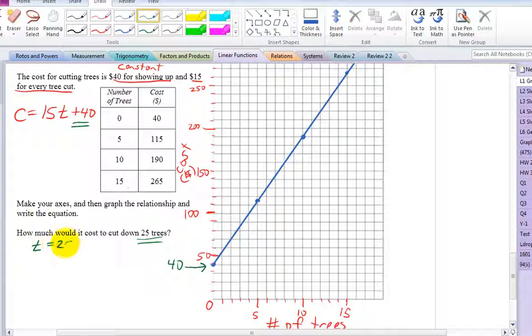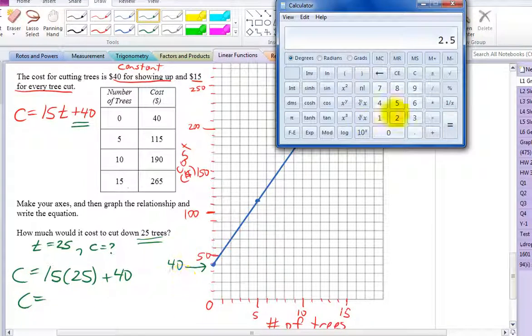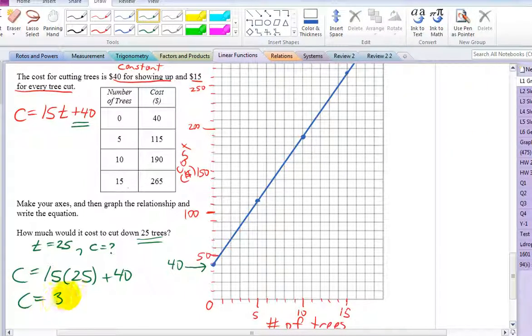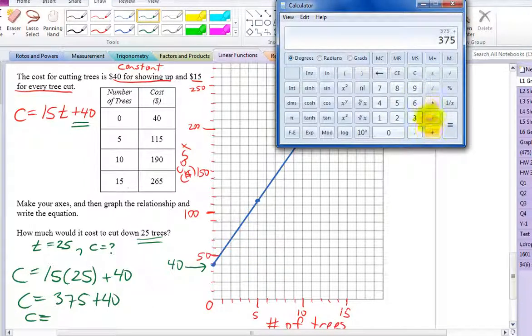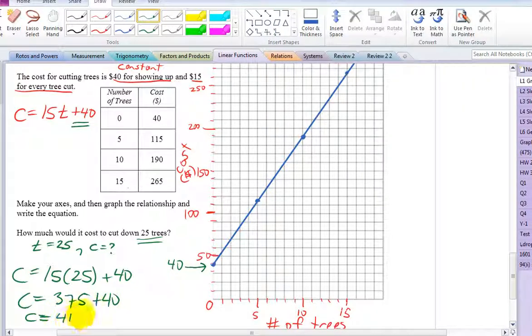So T equals 25. What does the cost equal? So we substitute into our equation and do a little bit of math and solve. And then we get $415.